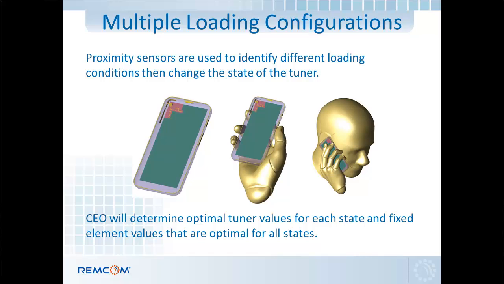And so circuit element optimization is able to take these 3 different states as input and then determine what the optimal values should be. So it will provide a different tuner value for each of the 3 states, but then it'll provide a fixed set of inductor and capacitor components that are optimized for the 3 given states.